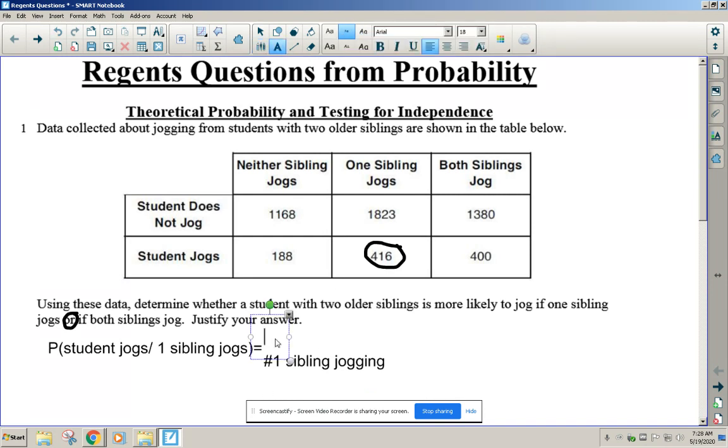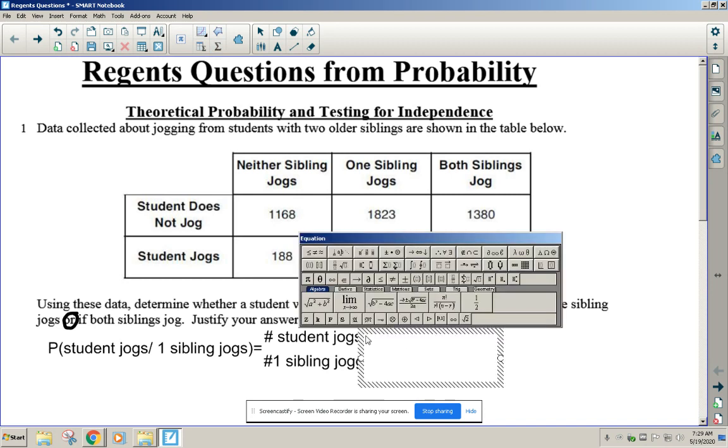So the top up here is going to be the number of the student jogs and, let me just find my little symbols here because it's really difficult to do the typing on here.